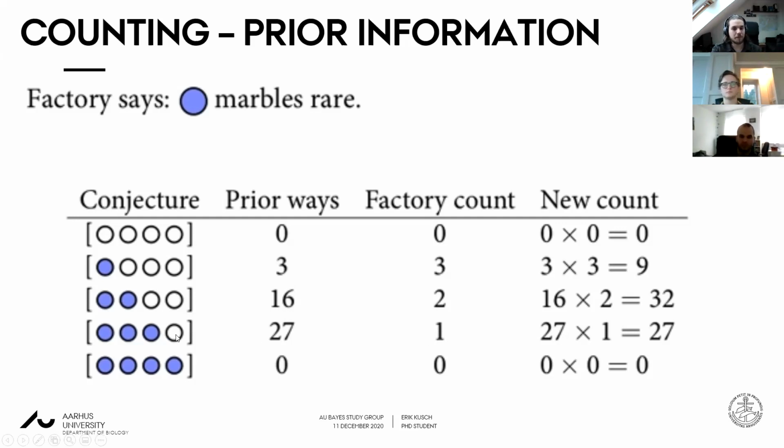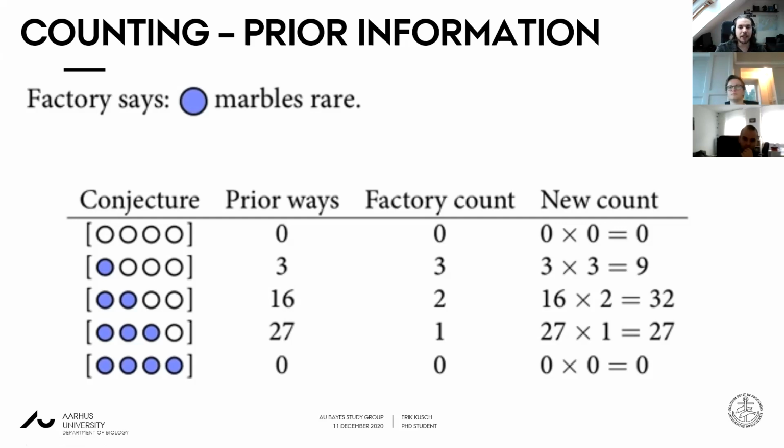Now, with that in mind, we can change the probability of our bag being of a certain kind, because now we have drawn our samples, which led to these prior ways. That's our prior information, but now we've obtained additional information.